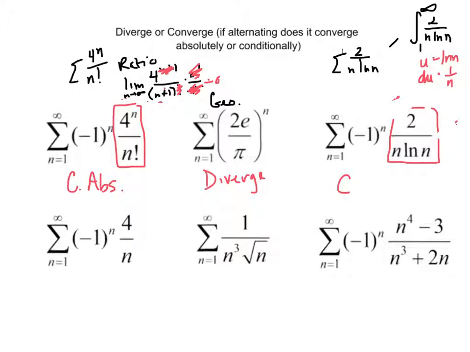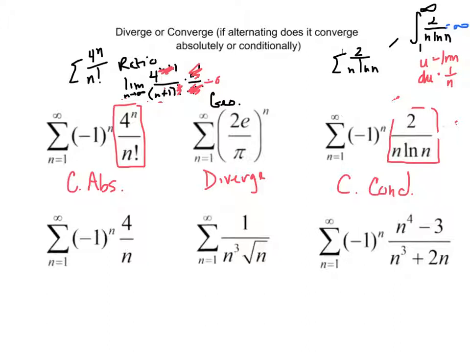This integral has an area of infinity because you end up with 2 over u. The antiderivative is 2 natural log of u, so it's the natural log of the natural log, and that has an area of infinity. So this series here does not converge. So you need this alternating piece to make it converge, which means it converges, but only conditionally.